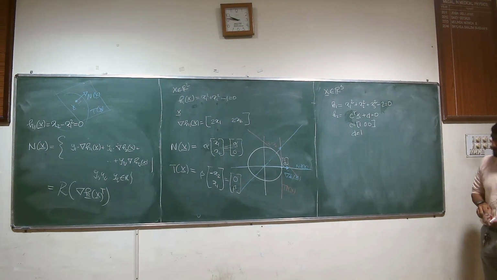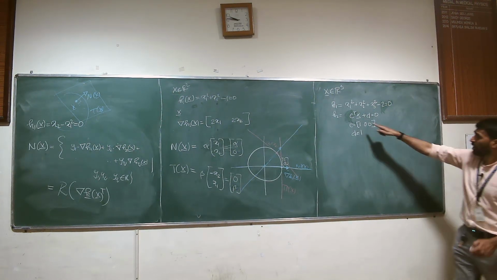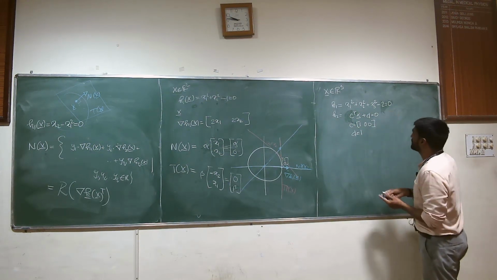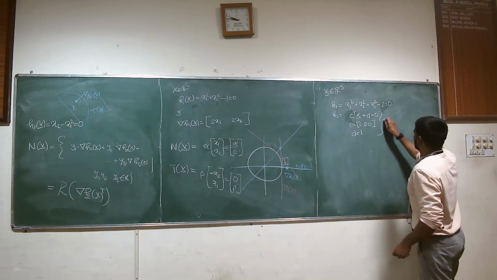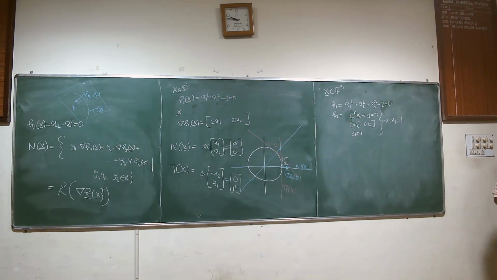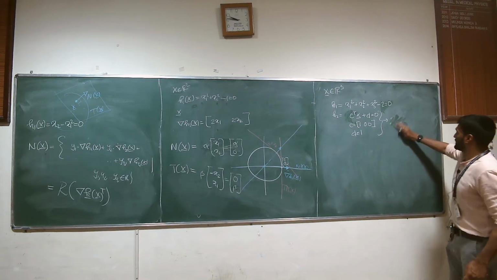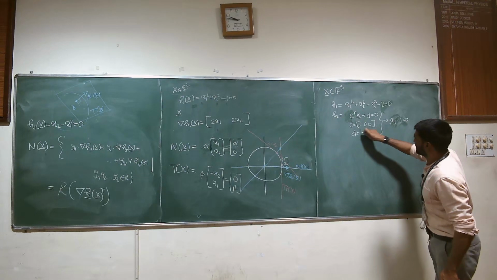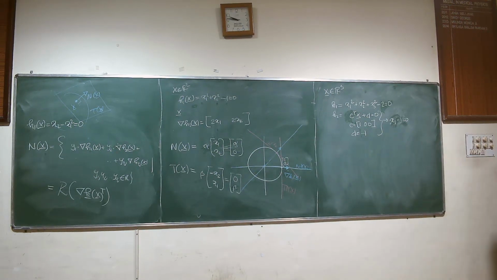And all of this is a fancy way of saying H2 is essentially x1 minus 1 equals 0. So D is minus 1.